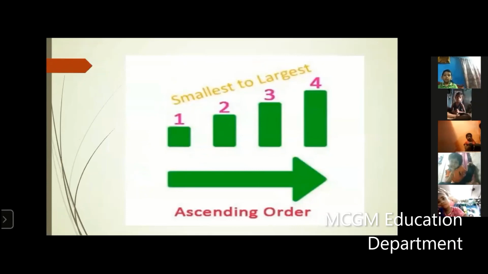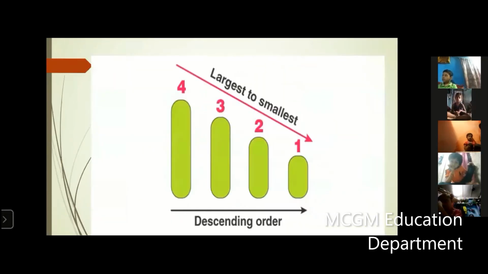In ascending order, that is increasing order, we start from smallest to biggest, means 1, 2, 3, 4. This order is called ascending, also known as increasing order. And in descending order, that is decreasing order, we start from the bigger number to the smaller number, that is 4, 3, 2, 1. This is called descending order. It's also known as decreasing order.